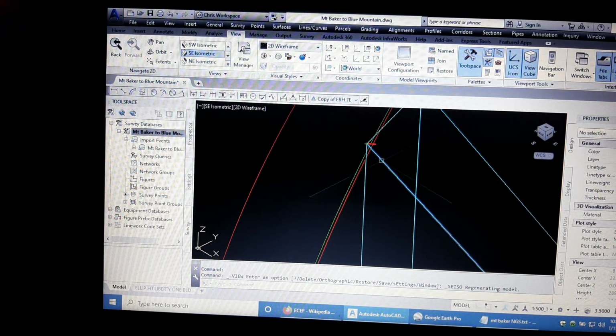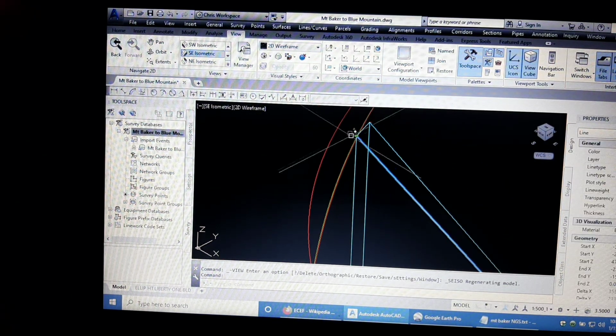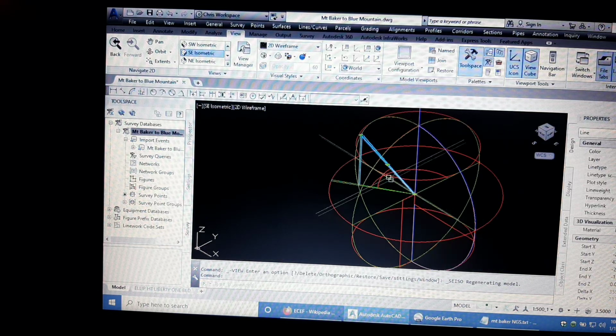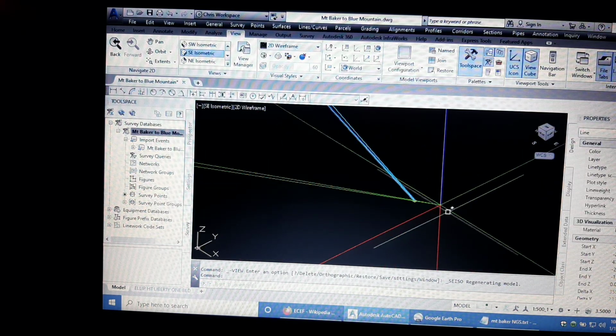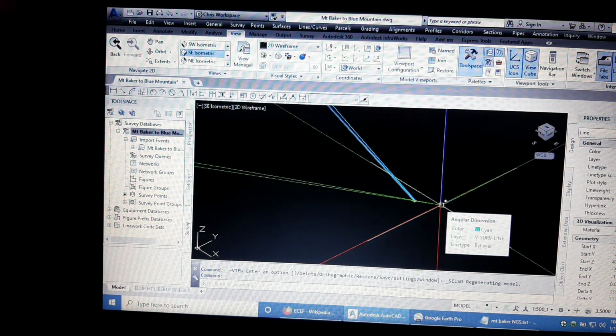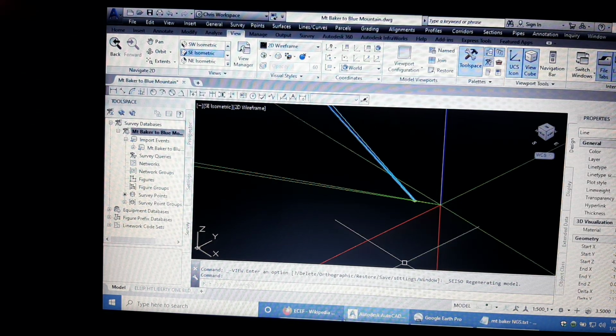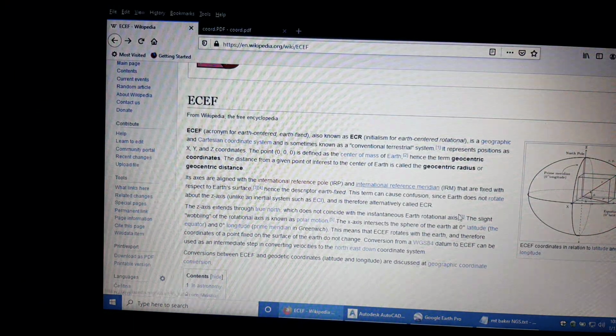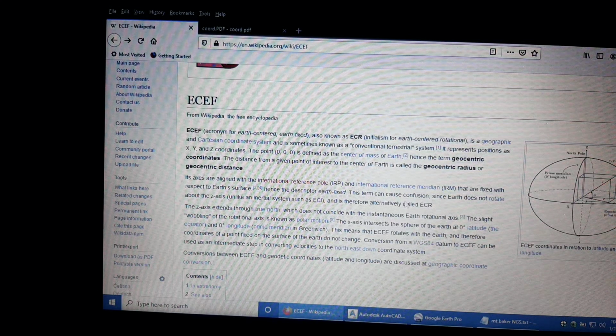And the reason why, when I extend that down, it will not hit the center of the Earth is because, like it said, it was a center point given.